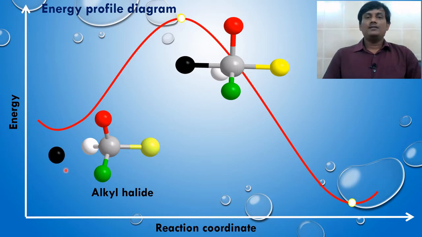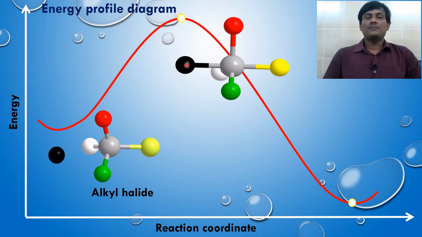Here you can find a pentacoordinate transition state. Here the carbon has 3 real bonds and 2 partial bonds. The 2 partial bonds are in between carbon and leaving group and carbon and nucleophile.